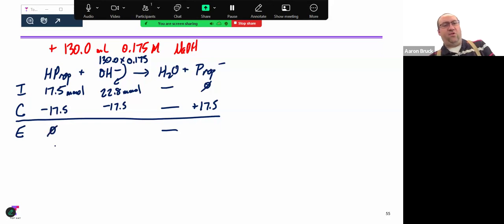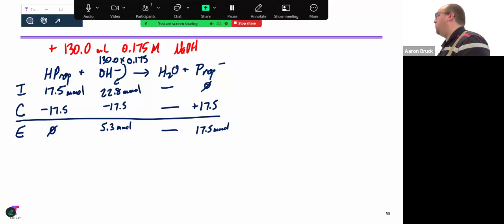So at the end of this, we have no propanoic acid, 22.8 minus 17.5, we have 5.3 millimoles of the hydroxide. We have 17.5 millimoles of the propanoic acid, or sorry, the conjugate base, propanoate ion.